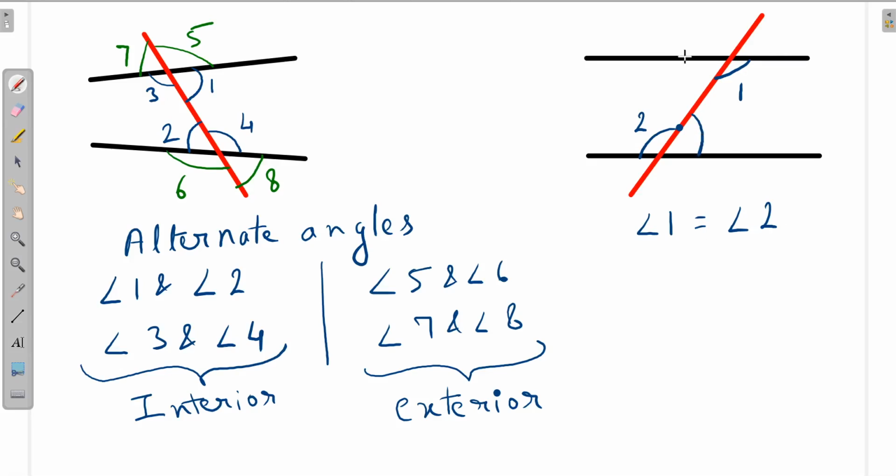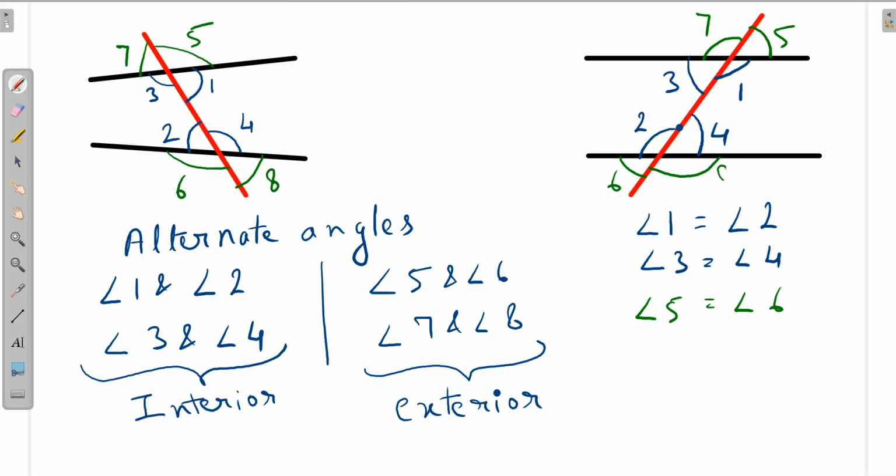Similarly, these two angles, 3 and 4, are also alternate. So angle 3 is equal to angle 4. Similarly, for alternate exterior angles, if this is 5 and this angle is 6, angle 5 is equal to angle 6, and angle 7 is equal to angle 8 also.